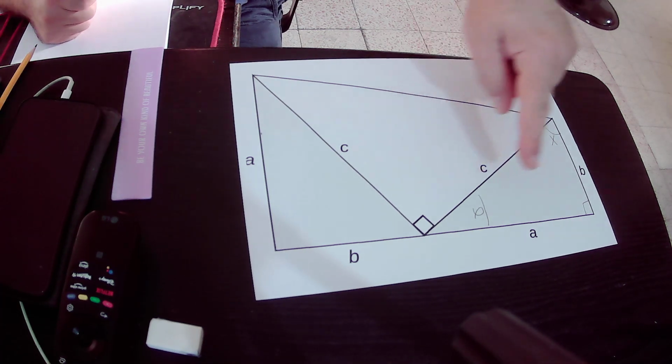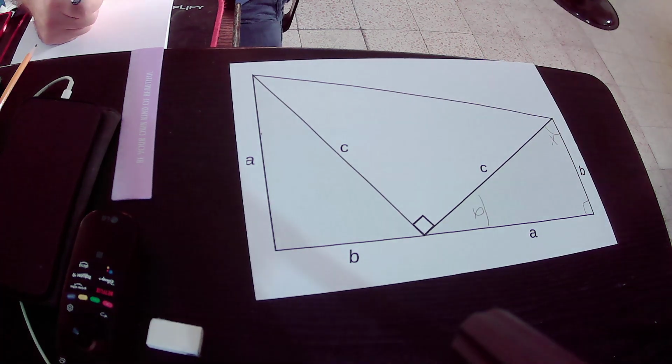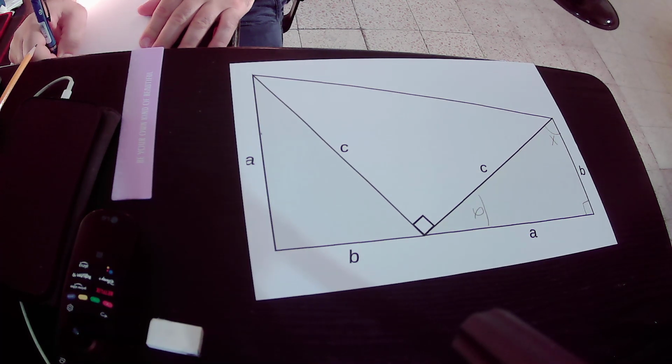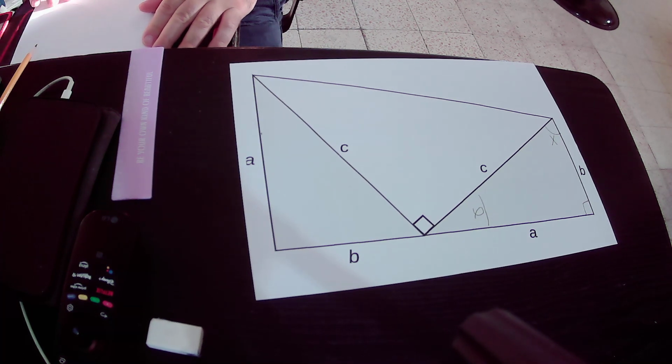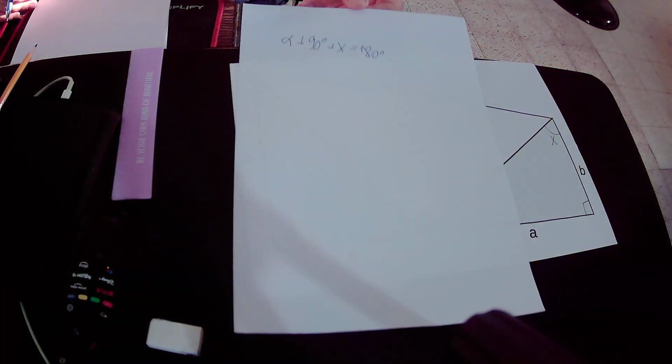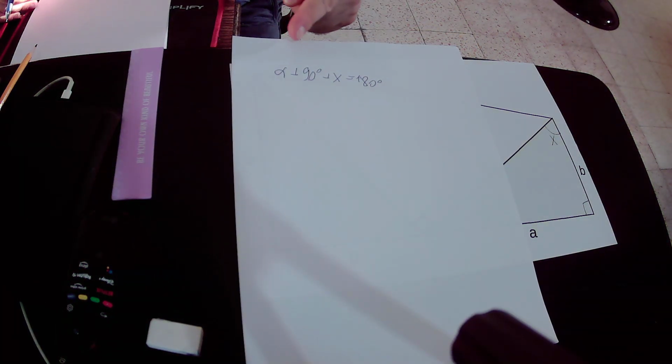So alpha plus 90 degrees plus x equals 180 degrees, because the sum of the angles in every triangle equals 180 degrees.